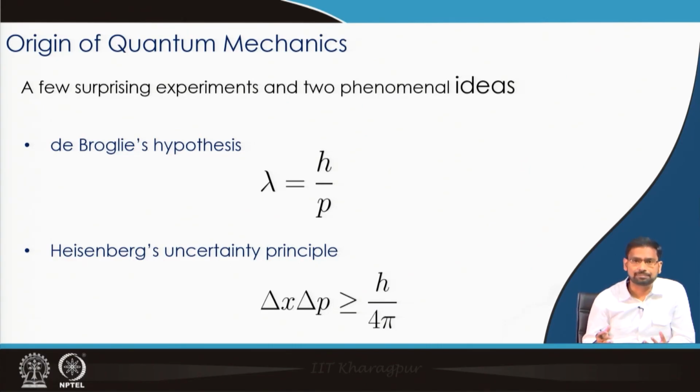Now you can imagine this classically. When you try to locate a particular particle in space, you would probe it with a light of a certain wavelength, and the wavelength of that light, with which you are probing the position of the particle, must be very small so that you can locate the particle precisely.